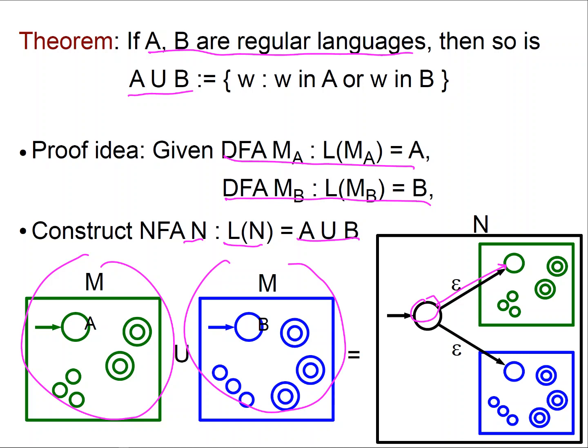And that's it, right? You accept if you can have a sequence of states. So at the beginning you can follow one of these two epsilon transitions and then you go into the corresponding DFA.